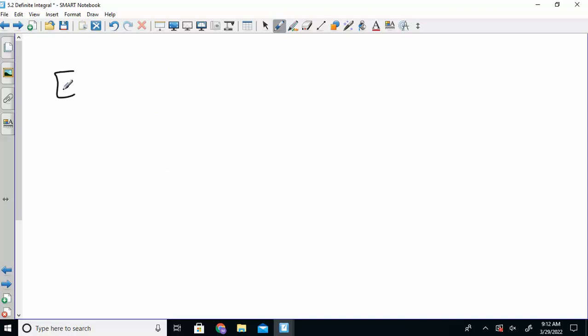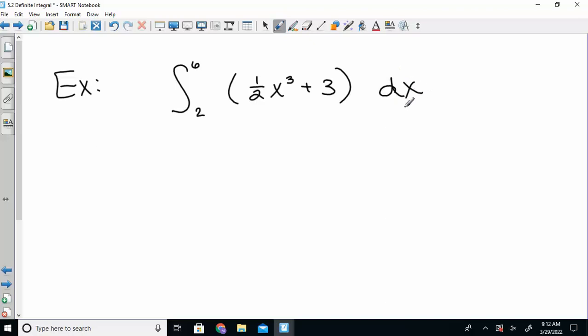Let's do some more. I'm going to change that one. Let's say I want the integral from 2 to 6 of 1/2 x cubed plus 3. So we start out, what's the antiderivative of 1/2 x cubed plus 3?